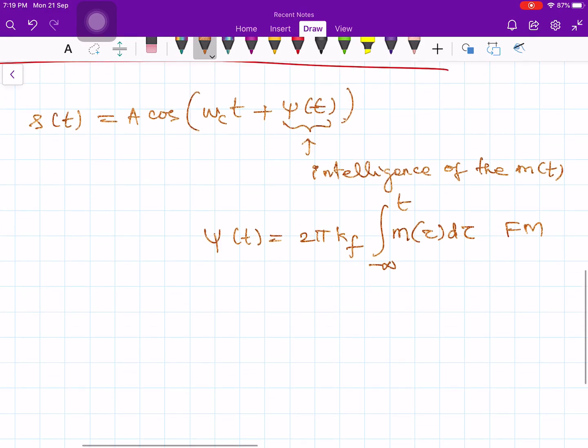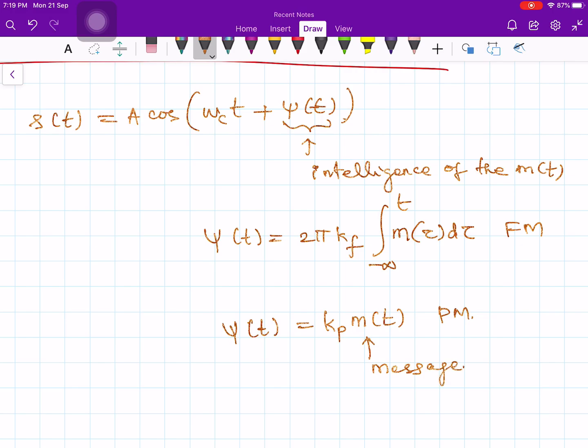In case you are working with the phase modulated system, then this is going to be k suffix p times m of t. Recall this. What is m of t? M of t is the message. So this is the model in which you have to work now.